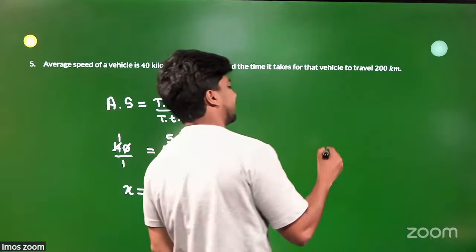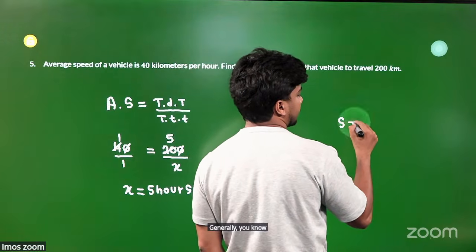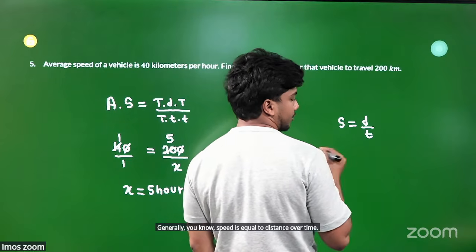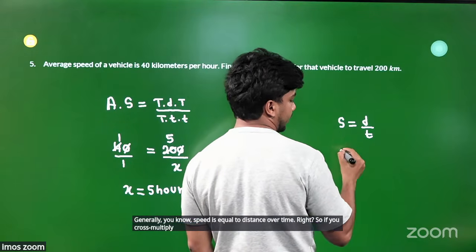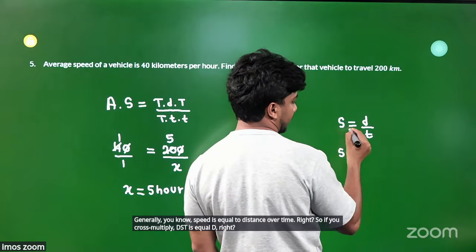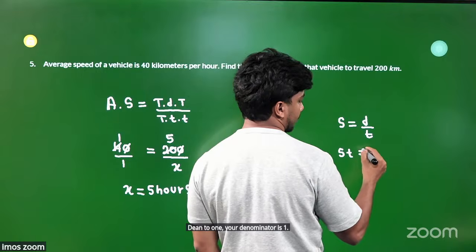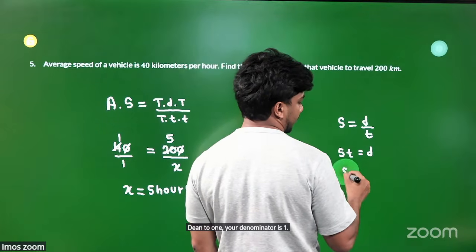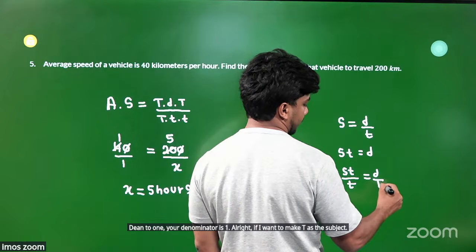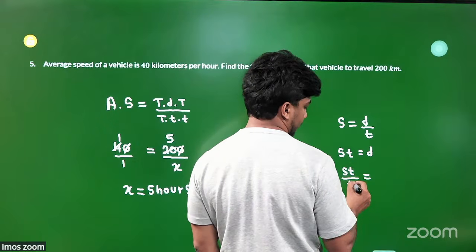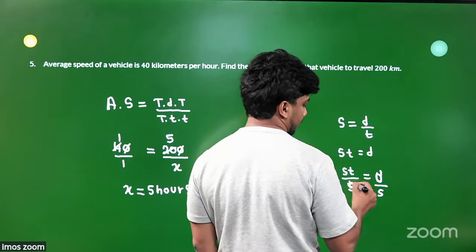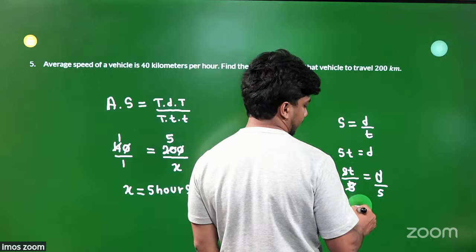Generally, speed is equal to distance over time. If you cross multiply, s t is equal to d, because the denominator is 1. If I want to make t the subject, t is equal to d over s.